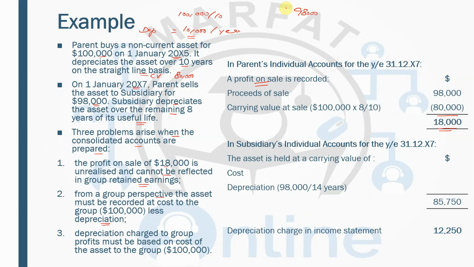Now subsidiary has purchased the asset for 98,000 and will be dividing it over the 8 years, which is the remaining useful life. Now what should be the depreciation? So 98,000 divided by 8. So it is 12,250. The normal depreciation would be 10,000, but now the depreciation which is coming is 12,250. So this is how it makes the difference.